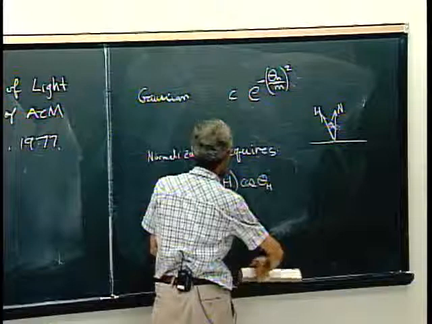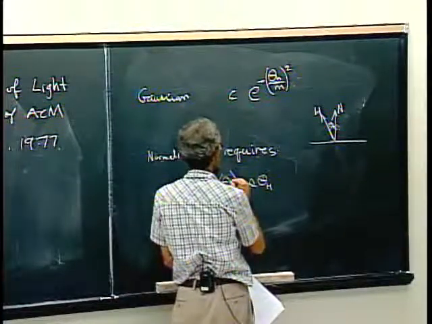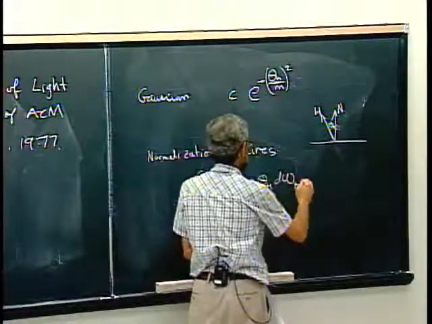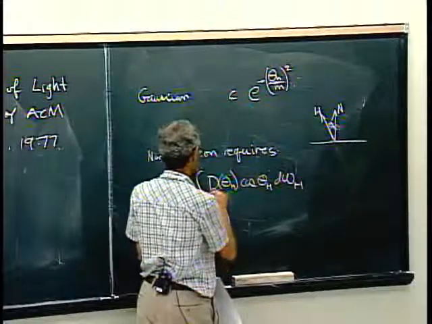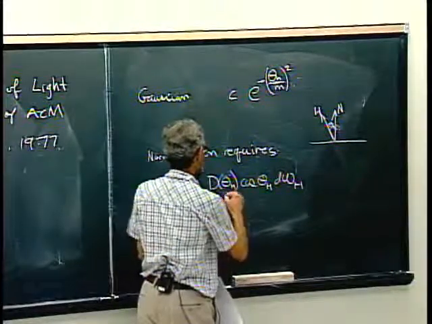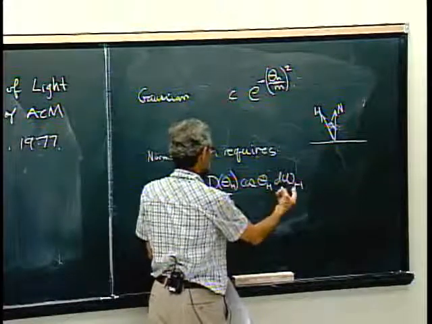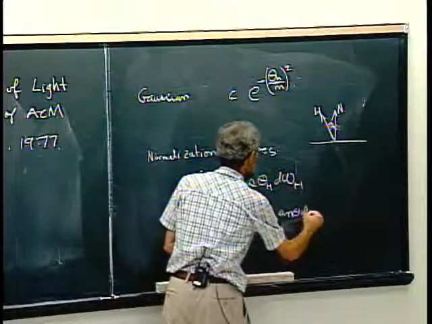So this density of theta h times cosine theta h times solid angle for h, which is really an integral from 0 to 2 pi, 0 to pi halves for theta. This is d phi, and this d omega is going to be sine theta d phi.